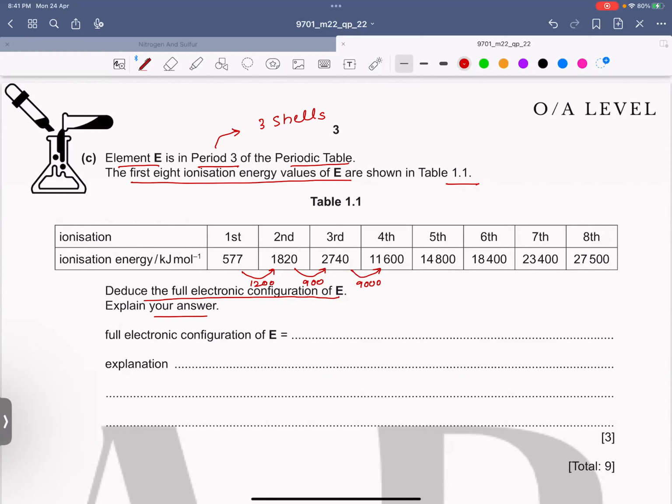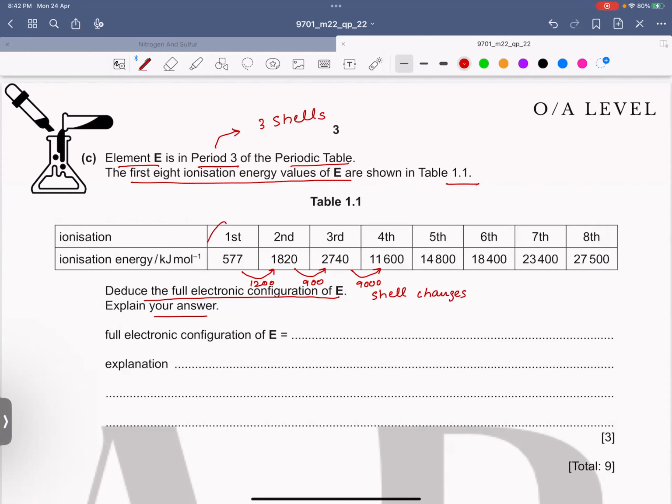So this big energy gap tells us that the shell changes.